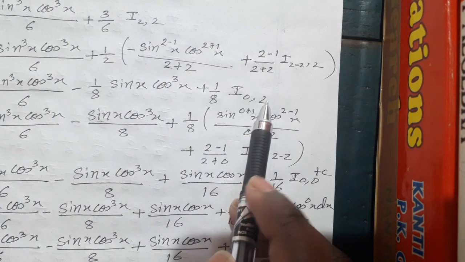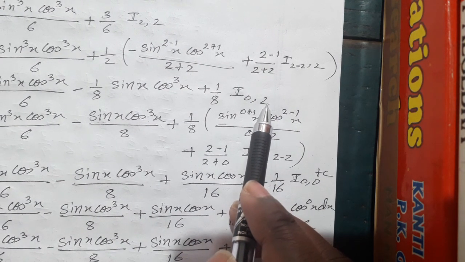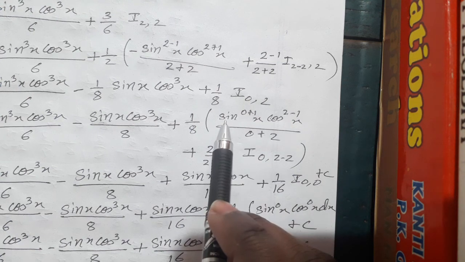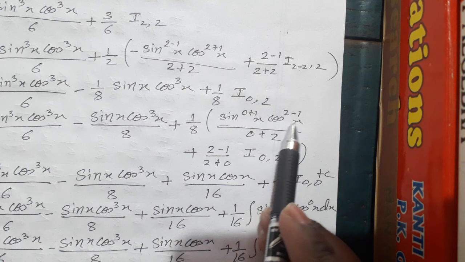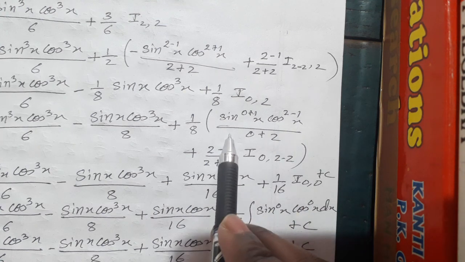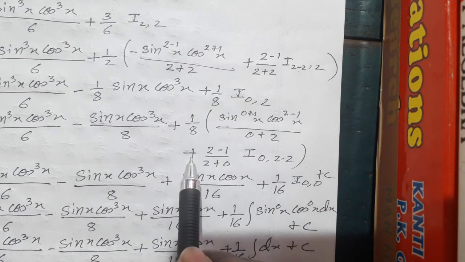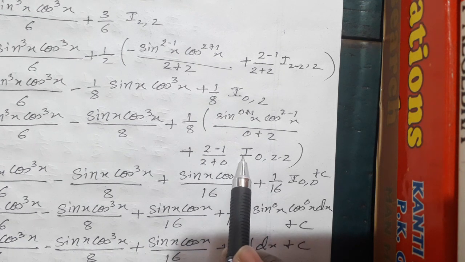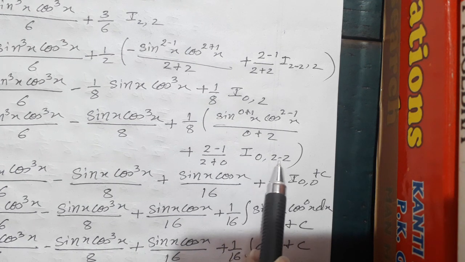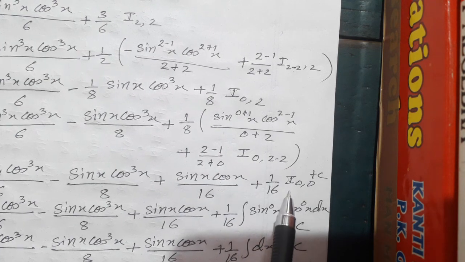Now here n is bigger, so we'll apply the first reduction formula. So we get sine 0 plus 1 x cos 2 minus 1 x divided by 0 plus 2, plus 2 minus 1 divided by 2 plus 0, I 0, comma 2 minus 2. So this part gives 0, and we get I 0, 0.